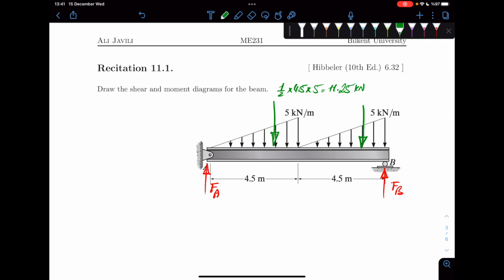Okay, so these two concentrated forces that are supposed to replace the distributed forces, the triangles, they are 11.25 kilonewton downwards each. Also, their distance is, let's say, 3 here, 1.5, so 2/3, 1/3 for each of the triangles, obviously.